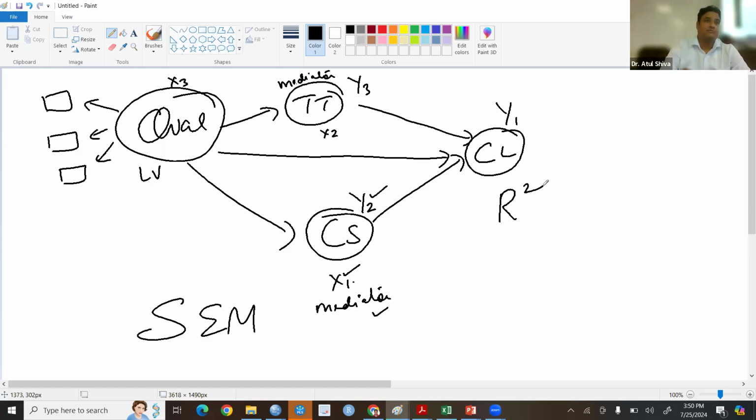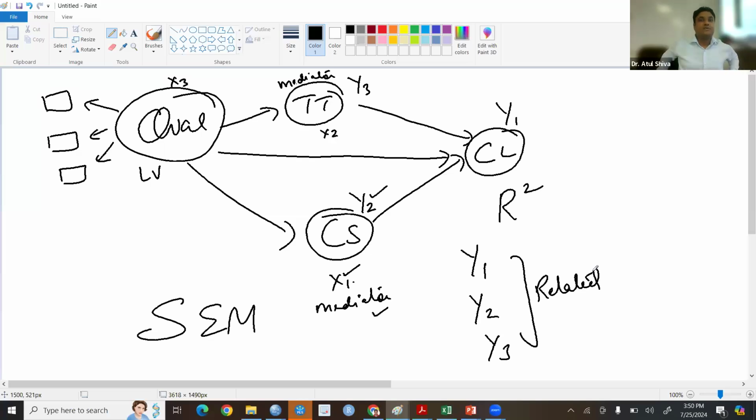So remember, when SEM is applied, there are multiple dependent variables, Y1, Y2, Y3, and they are related to each other. Can you see the relationship? Trust is leading to loyalty.